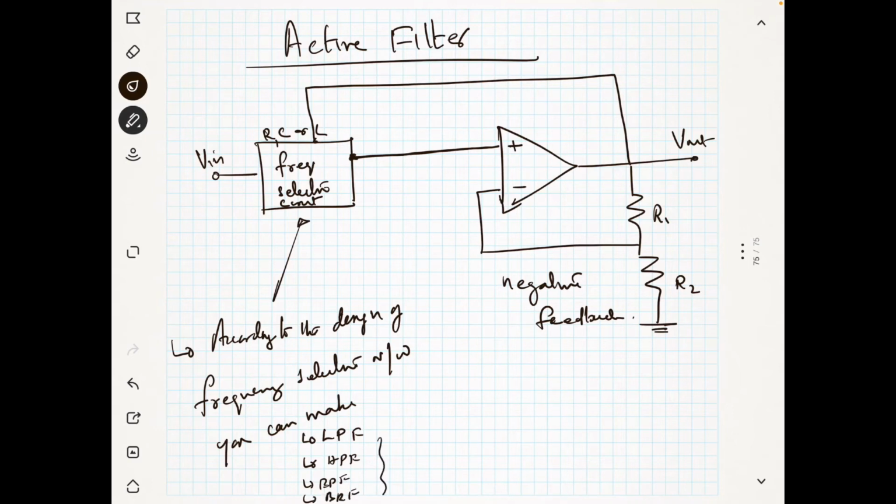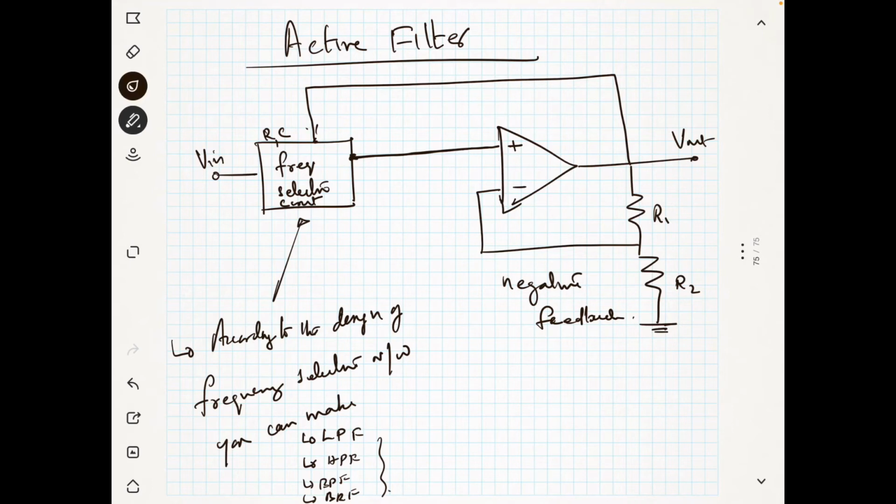All this can be made by adjusting your RC network or RLC network. In this course we will be using an RC network. So by adjusting the RC network, you can make an active filter which may be low pass, high pass or band pass.